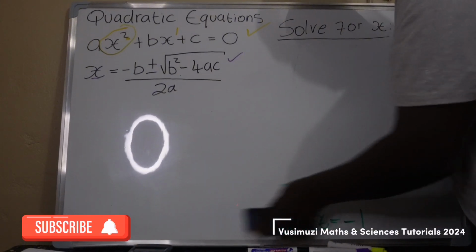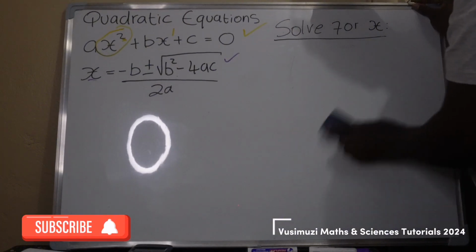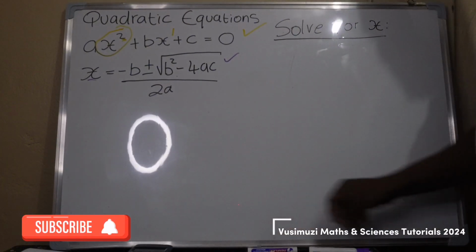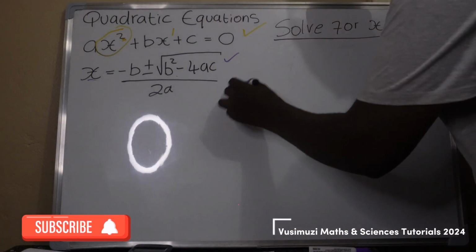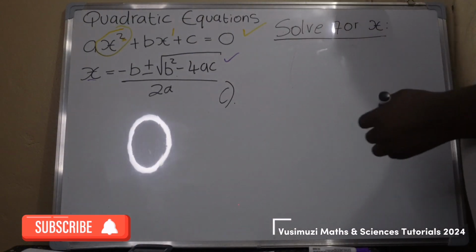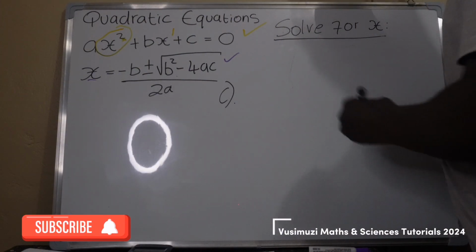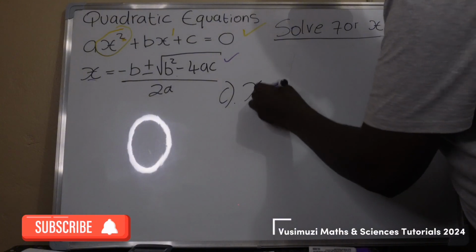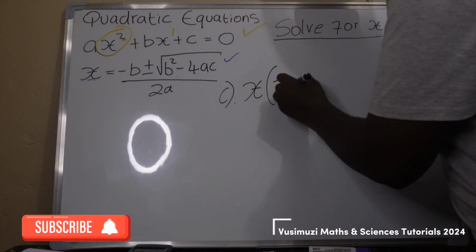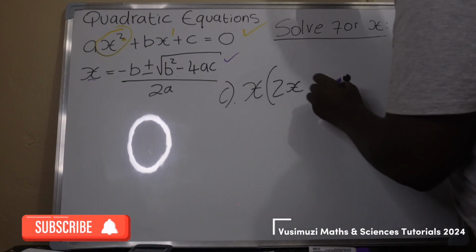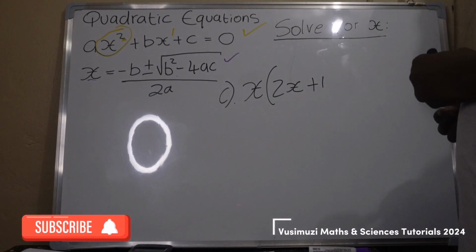Number three. Number C, which is number C in this case. Number C, we've got x, 2x plus 1.